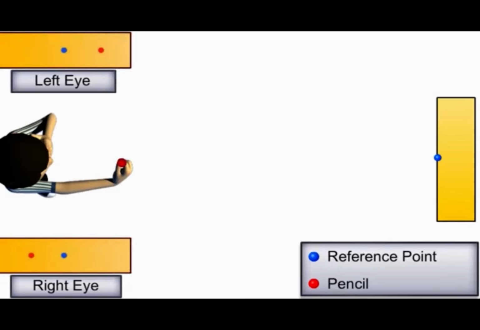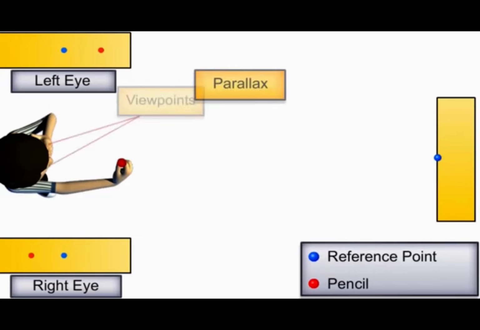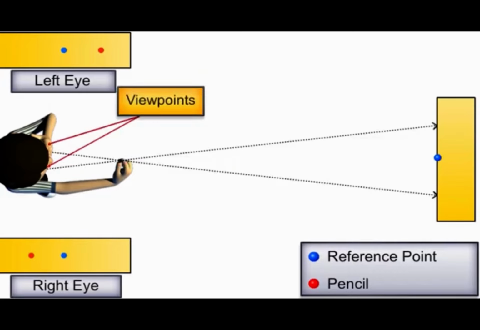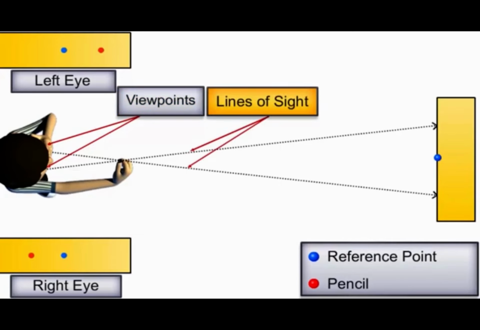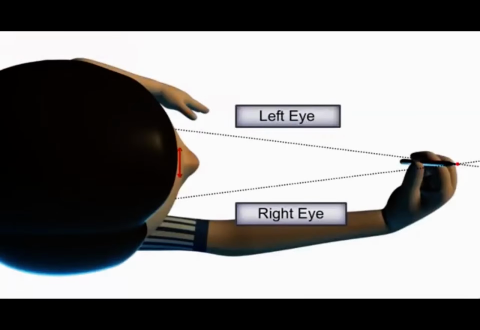This is called parallax. You may call the two eyes two different viewpoints, since when used separately, they create different lines of sight. Distance between these two viewpoints or points of observation is called basis.